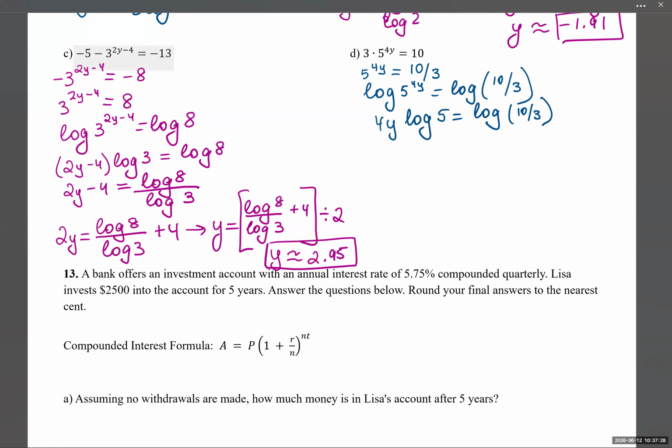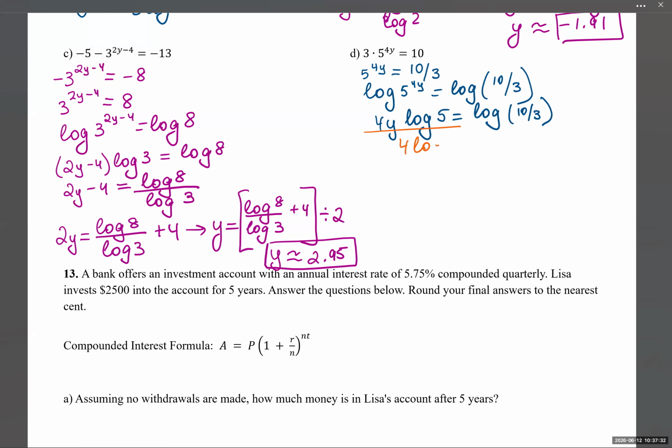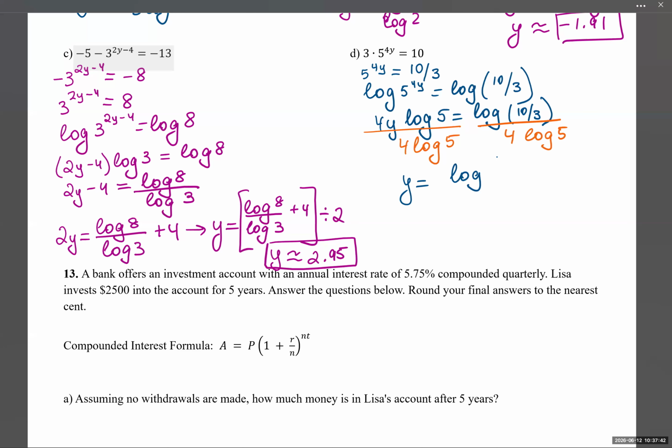Divide by everything that's attached to the y. 4 and then a log of 5. 4 log of 5. Y equals log base 10 of 10 over 3 divided by 4 times log base 10 of 5. 0.19.